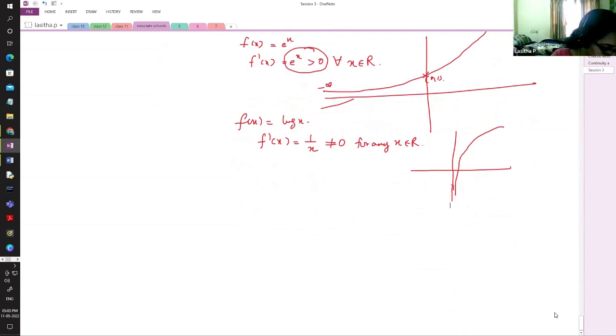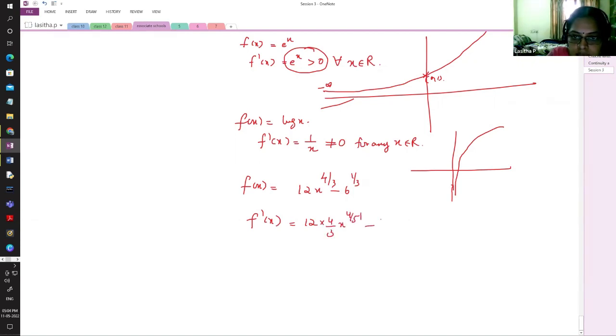Any other question if you give, we can discuss. One thing they miss is the does not exist case while finding the critical number. For example, questions like finding the absolute maximum and minimum of f of x equal to 4 by 3 x to the power 4 by 3 minus 6 x to the power 1 by 3. While differentiating, they will get 12 into 4 by 3 x to the power 4 by 3 minus 1, minus 6 into 1 by 3 x to the power 1 by 3 minus 1.